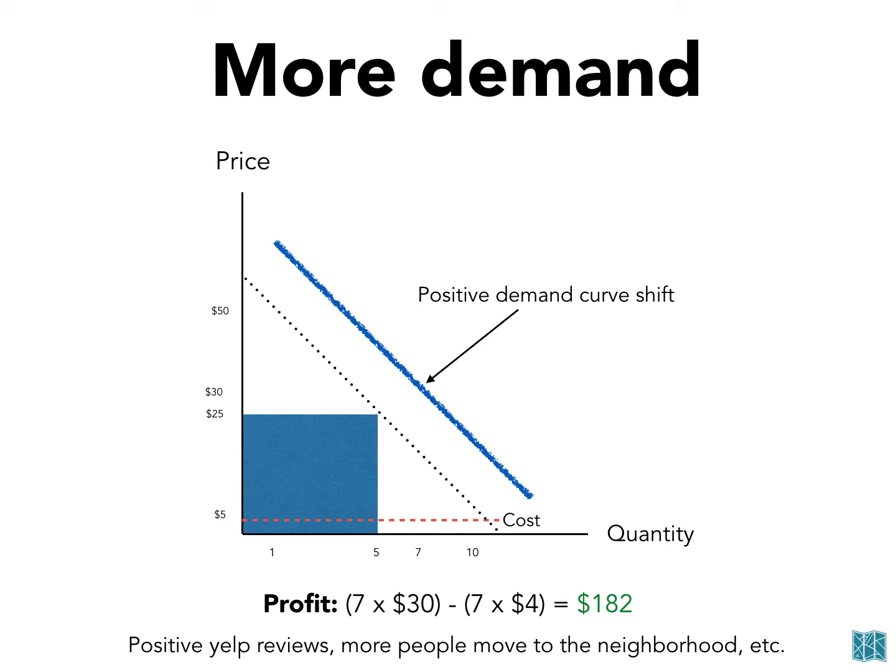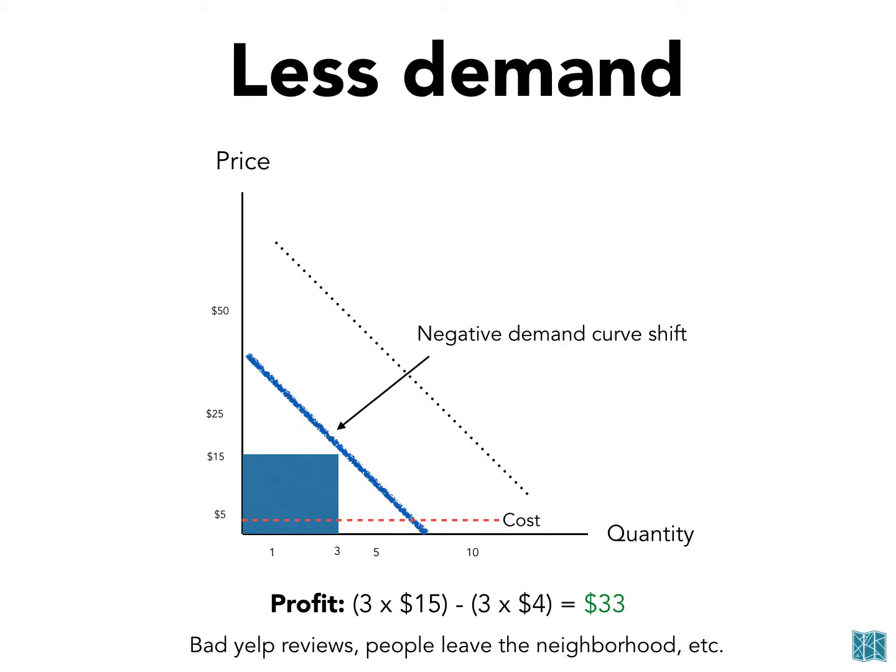If you're focused on a single market, like a pizza business, you could have positive Yelp reviews or more people move to the neighborhood, meaning there's more demand for your pizza. That will allow you to either continue charging the same price and get more people, or charge more and optimize again. The same thing applies when markets shrink or demand shifts to the left, like a negative demand curve shift, meaning fewer people want your product and are willing to pay less.